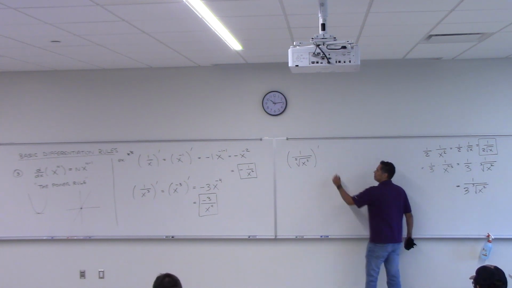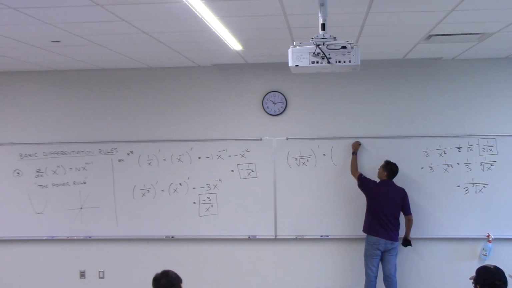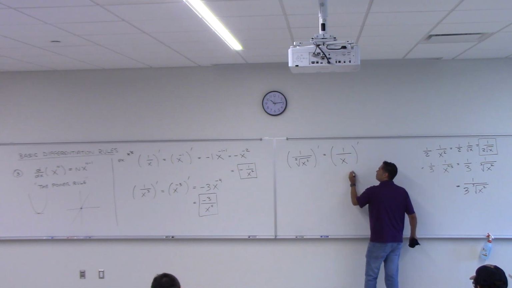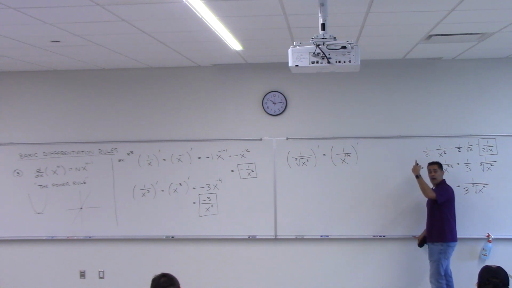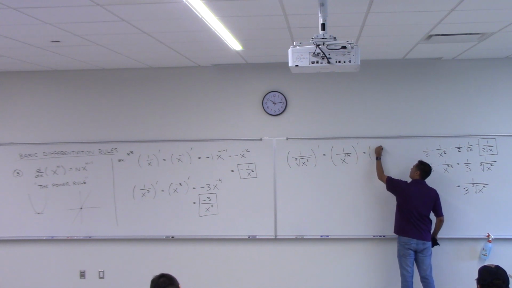Careful. Okay, so first thing you have to do is rewrite this as 1 over x to what power? 3 over 5, right? 3/5. And then you need to bring that up. So this is x to the negative 3/5.